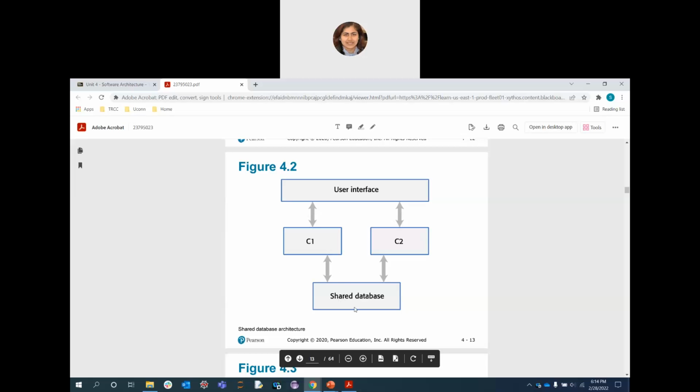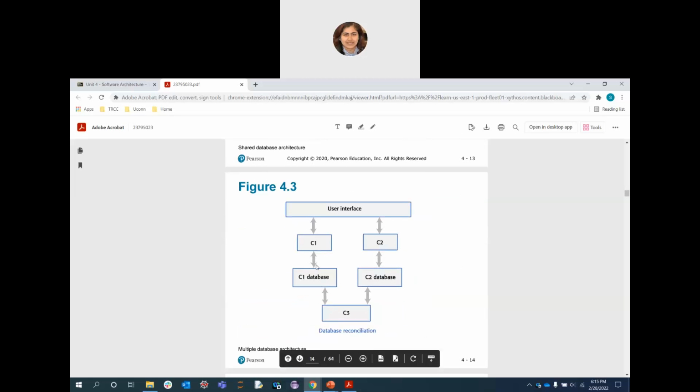If we assume that C1 runs slowly because it has to reorganize the information in the database before using it, the only way to make C1 faster might be to change the database. So it means that C2 also has to be changed, which may potentially affect its response time as well.